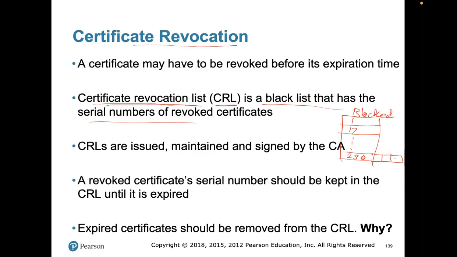Of course, if the expiration time comes, you want to delete the certificate from the CRL, from the blacklist of certificates. Why? Because this key might later be used by that sender for communicating with someone else. So that's why we should make sure that once a blacklisted certificate expires, we remove it from the list of revoked certificates.